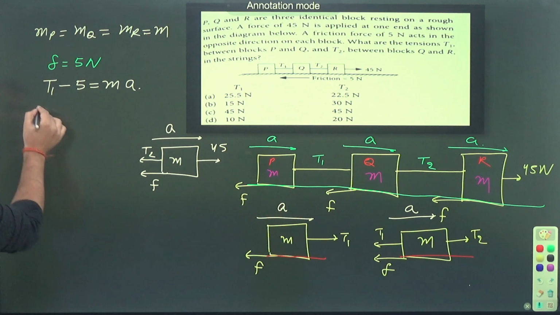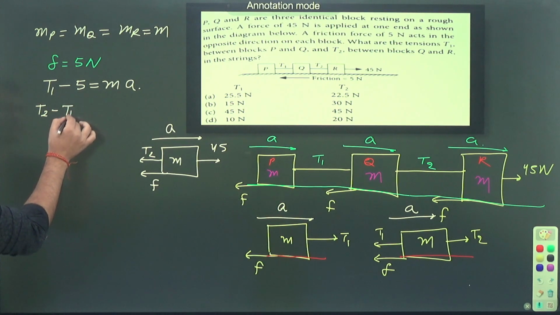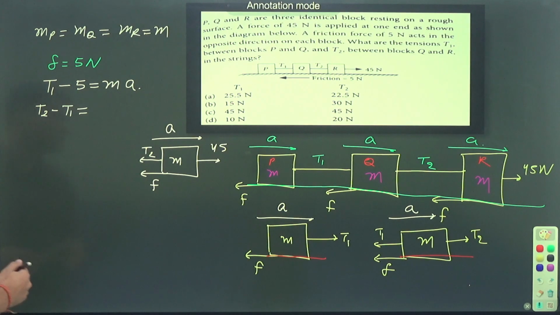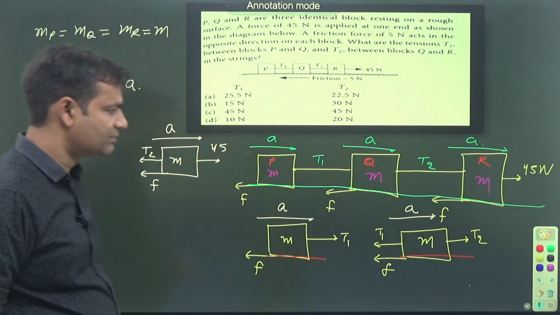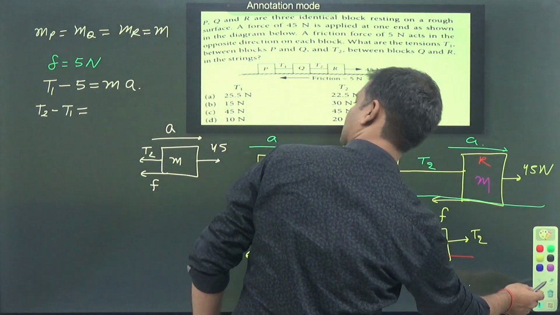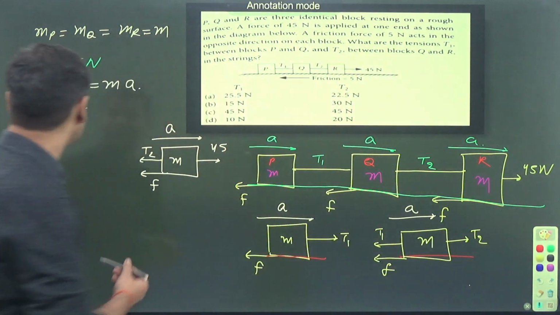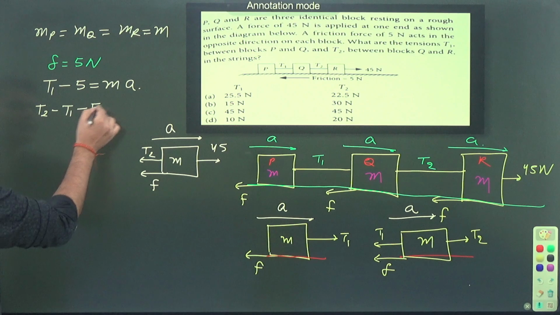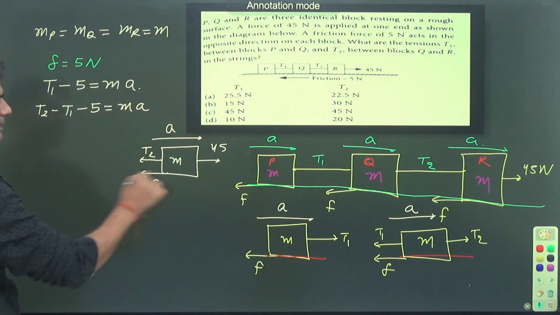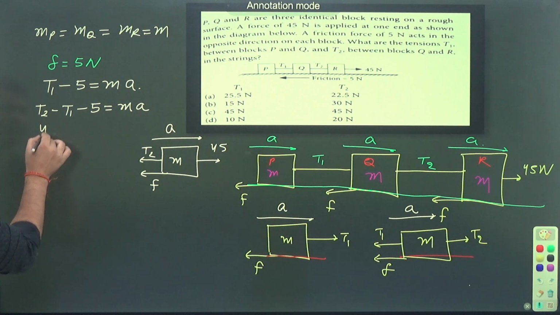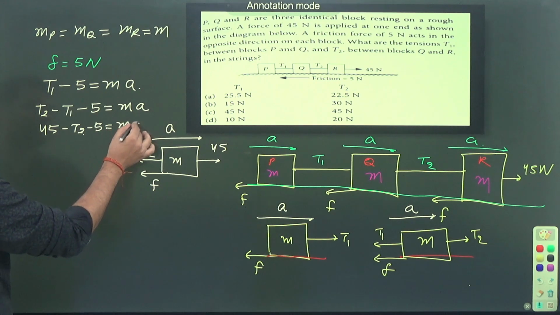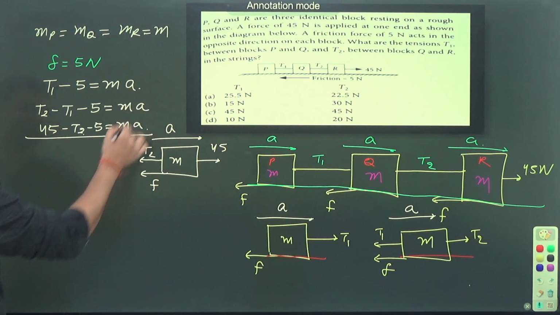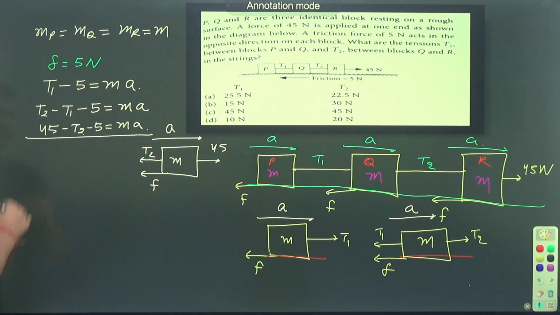Now for the next block, T2 minus T1 minus F also, minus 5, equals mass into A. And the last one: 45 minus T2 minus 5 equals mass into A. So finally, adding these three, we get 45 minus 15, that is 30.